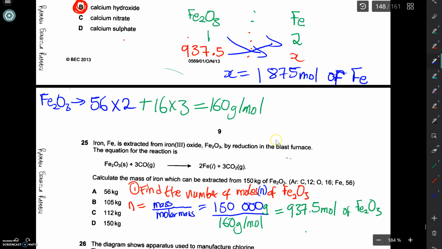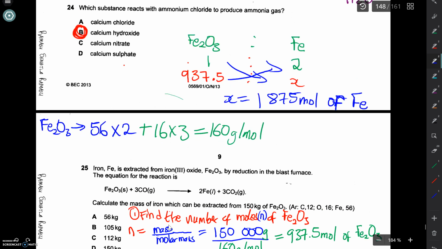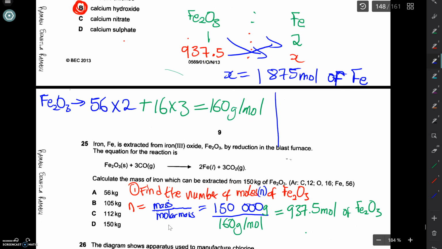So then to find the mass of iron, you rearrange the equation, and you have mass is equal to number of moles times the molar mass of iron, because we're trying to find the mass of iron.